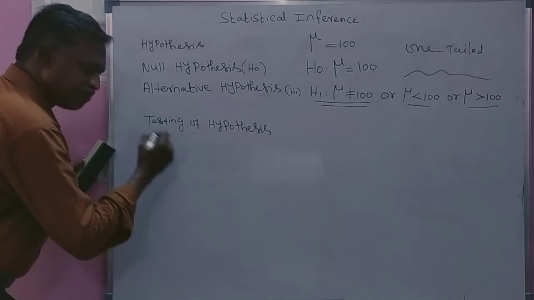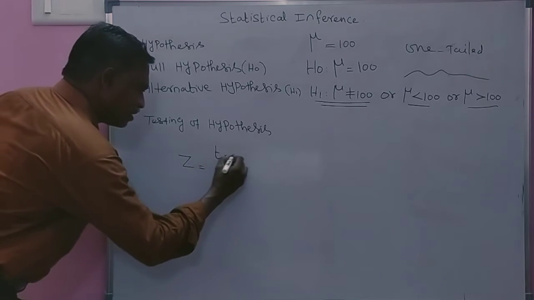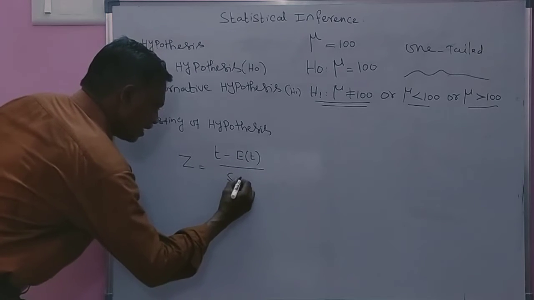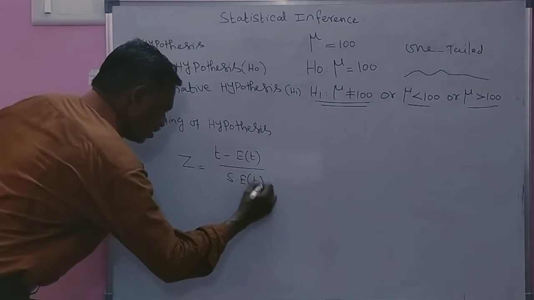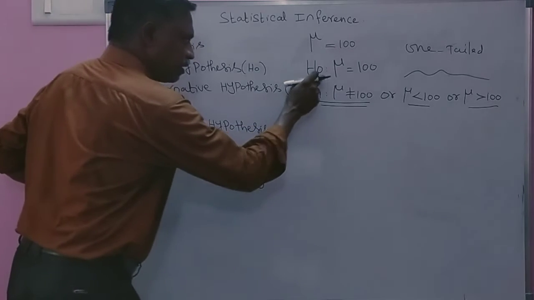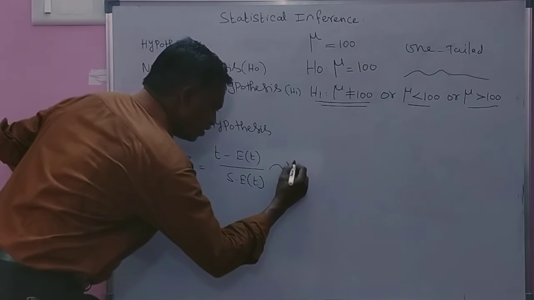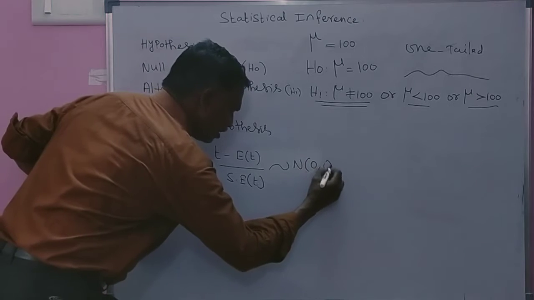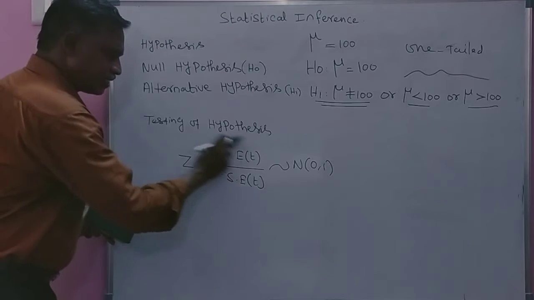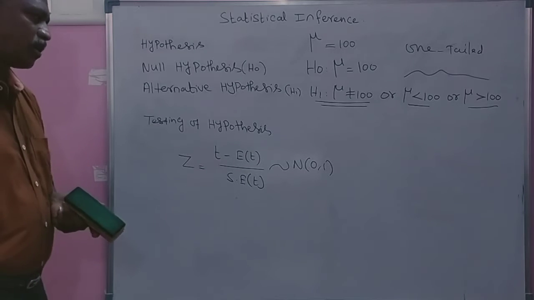For example, for a large sample, Z equals T minus expected value of T divided by standard error of T. This is the test statistic for testing the hypothesis in the case of a large sample. It follows the normal distribution with mean 0, variance 1.